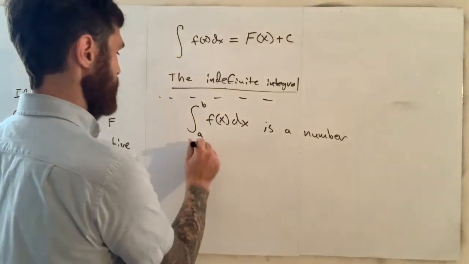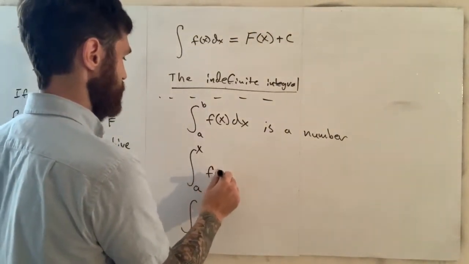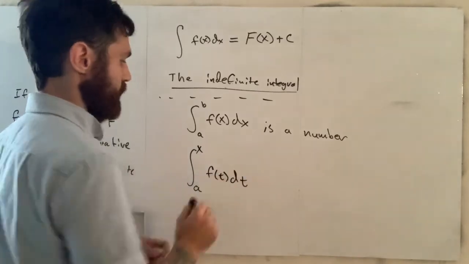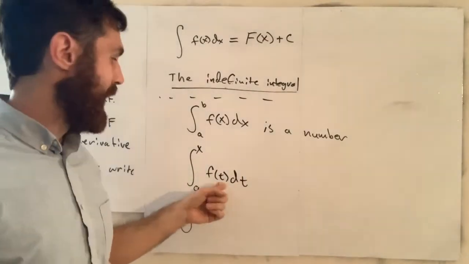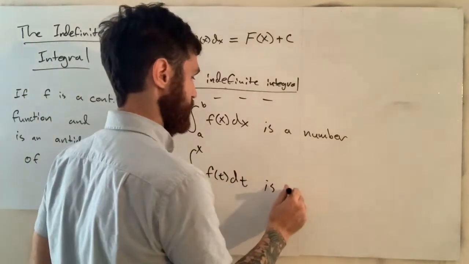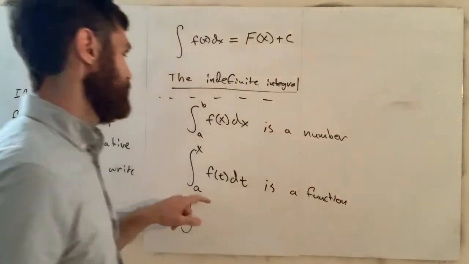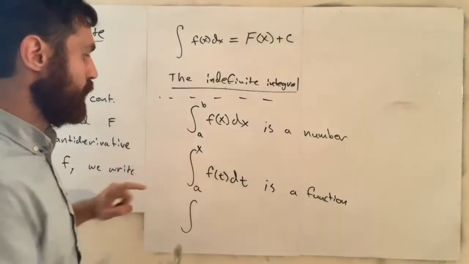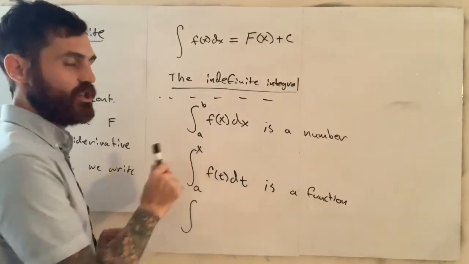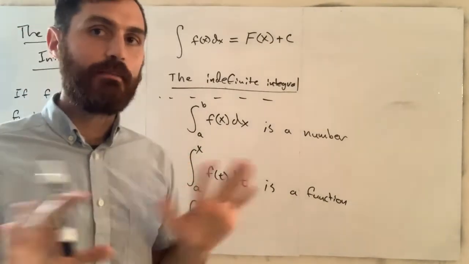If we write something like this, then we're thinking of this as a function, and it's going to be a function of x. You want to keep in mind that that's the thing that's changing. The t is just a dummy variable.